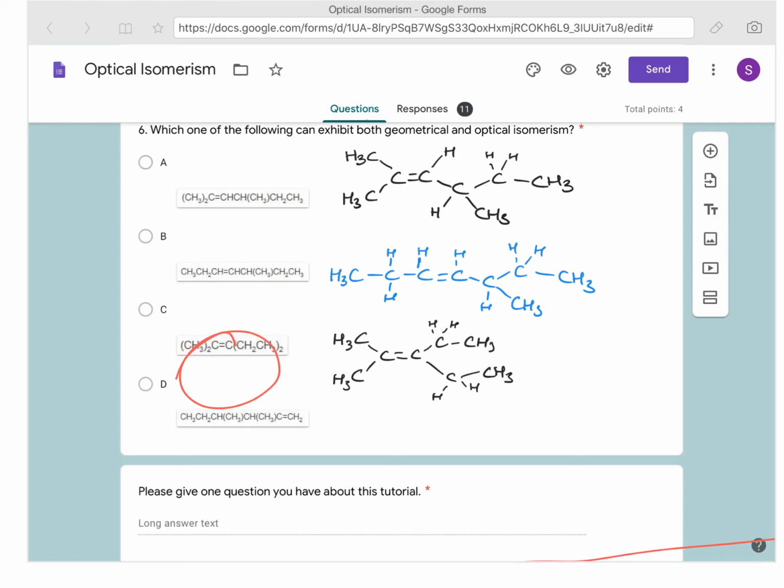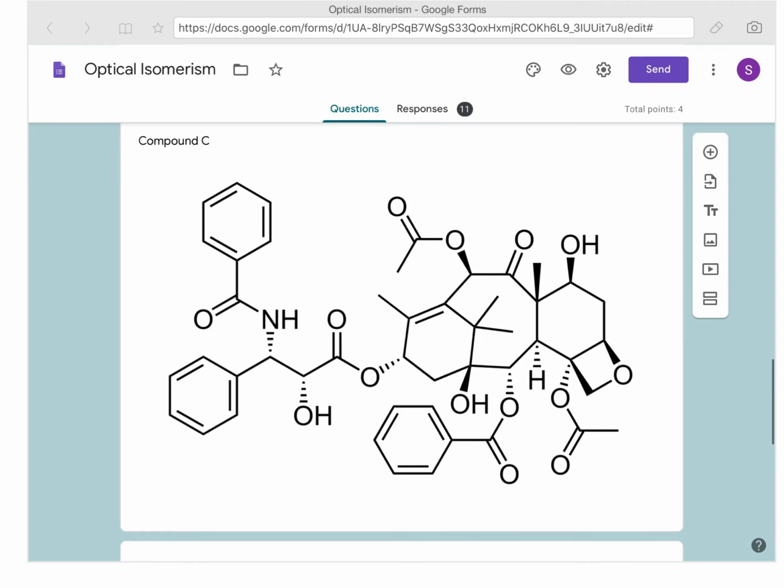And that is the whole quiz. Hopefully that explains a little bit about how to spot chiral carbons. If I just whiz back up for a moment to one of the ones that had some cycles in it. The other question that I get a lot is about how to determine where chiral carbons are if something's cyclic.